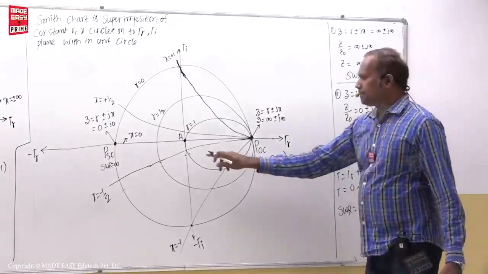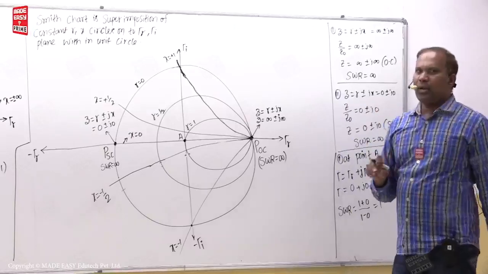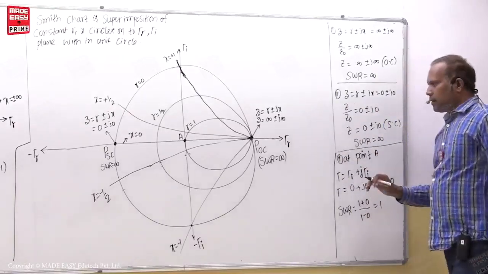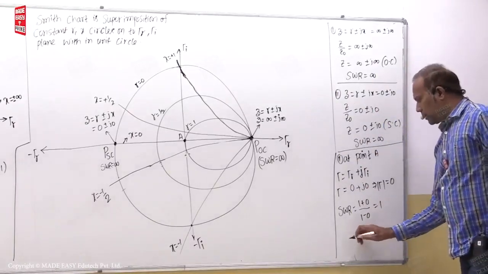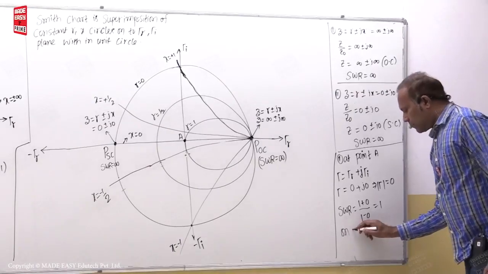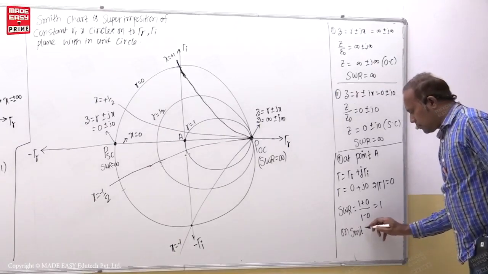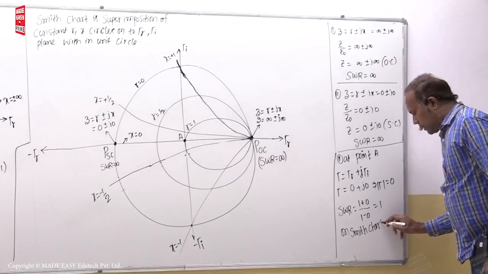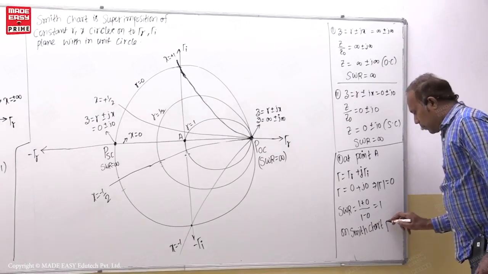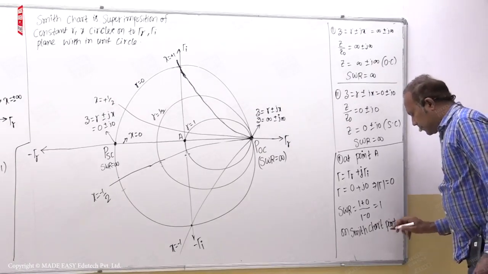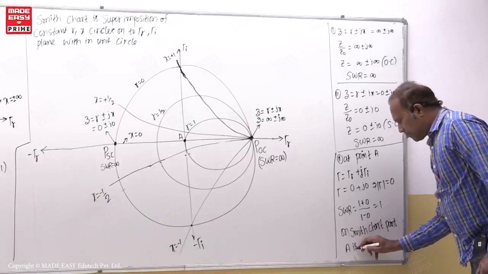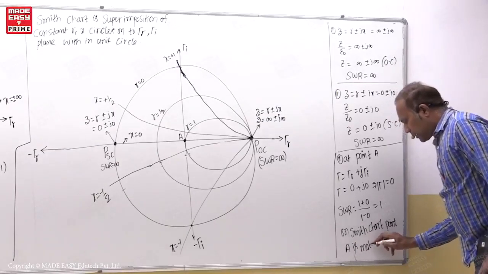That is matched location. So on Smith chart, point A is impedance matched location.